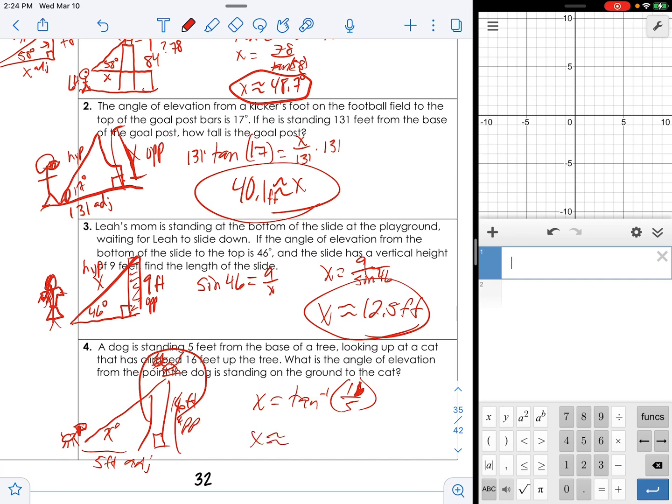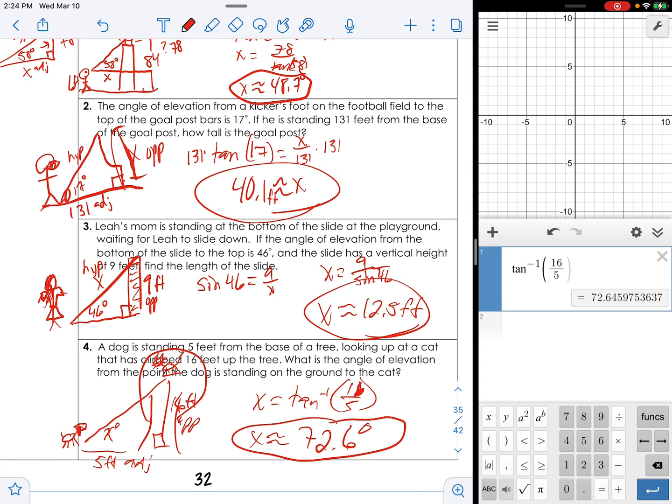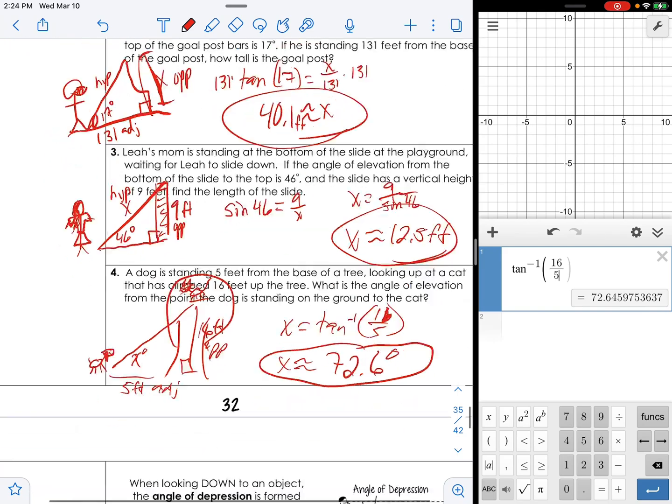So x is approximately arctan of 16 divided by 5, which is 72.6. Sorry, not feet. It's an angle, right? Degrees. 72.6 degrees angle of elevation. That's what we're looking at there.